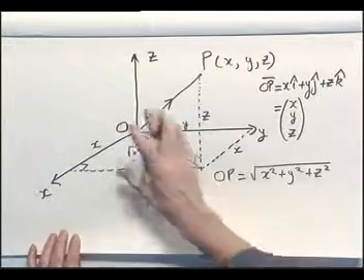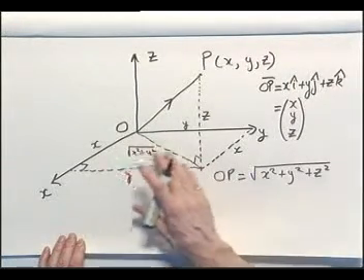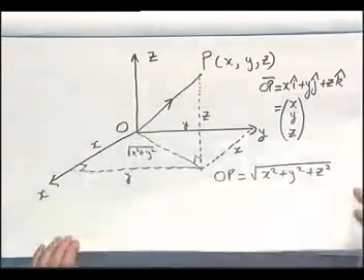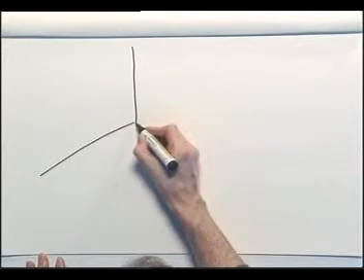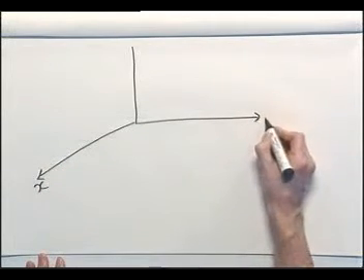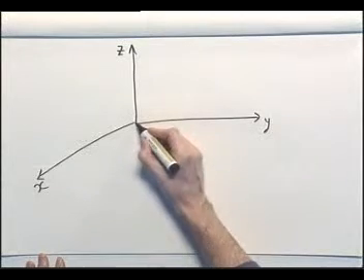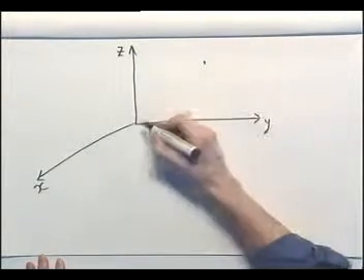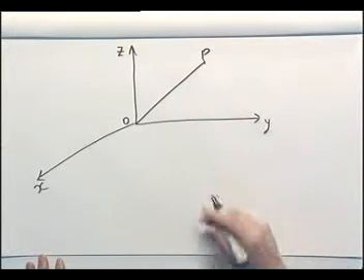Now, I'm going to draw this diagram again, but I'm going to try and miss out some of the extra lines that we've added. So, x and y and z. We'll take our point P with position vector OP bar.